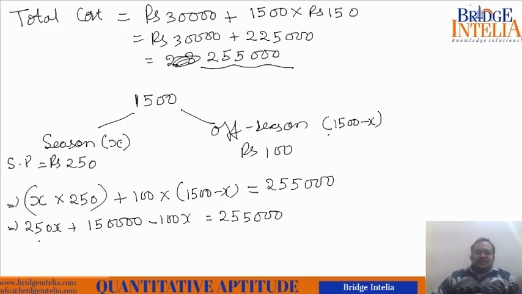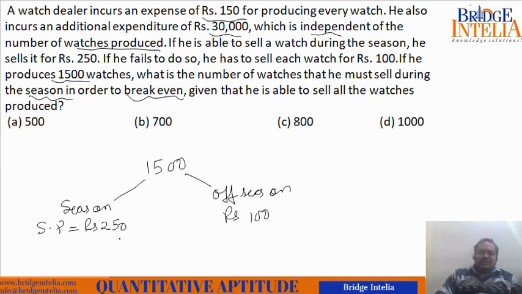So let's change the sides of variable and constant. So you can see 150X is equal to 105,000. So from here some zeros are getting cancelled. So 7 times, so 700. So 700 is the number of watches he must sell during season, and the remaining he can sell off season.